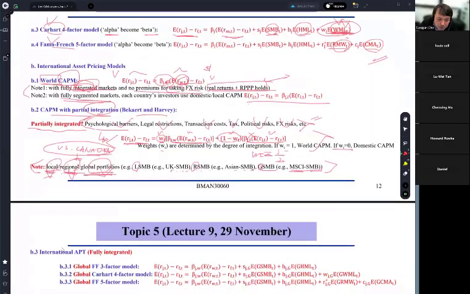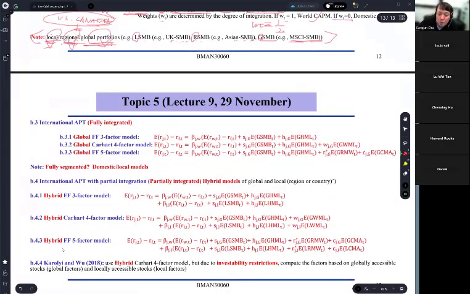Now, from this point, this is the one I'm going to talk about this Friday, but I can give you intuition on this one. In this week's lectures, I'm going to show that we see size anomaly, value anomaly, momentum anomaly, profitability anomaly, investment anomaly.